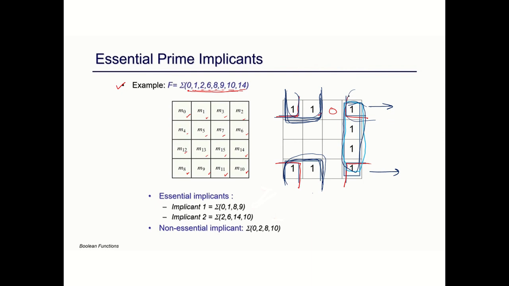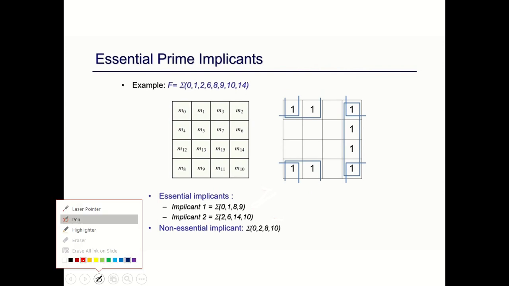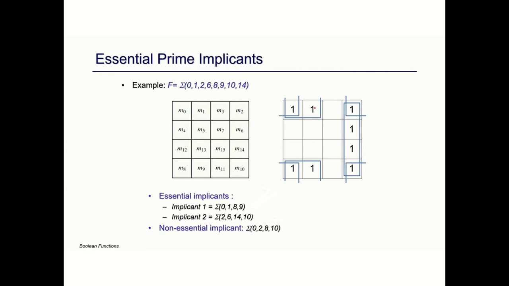So these 4 corners are actually the non-essential implicants. Again I just want to show you the first one, the 4 variable, this one. These positions are 2, 6, 14, and 10.